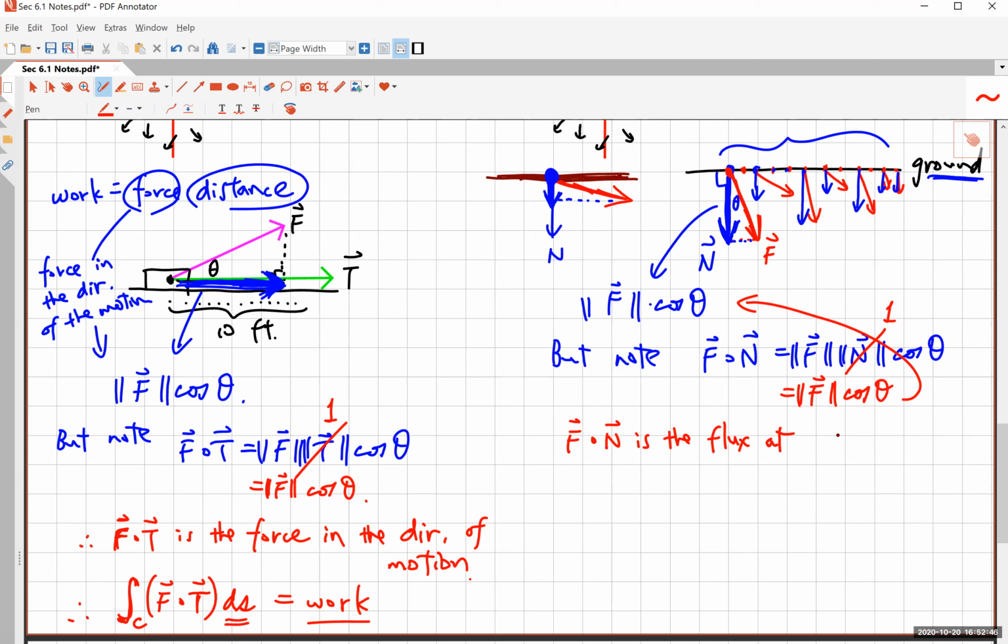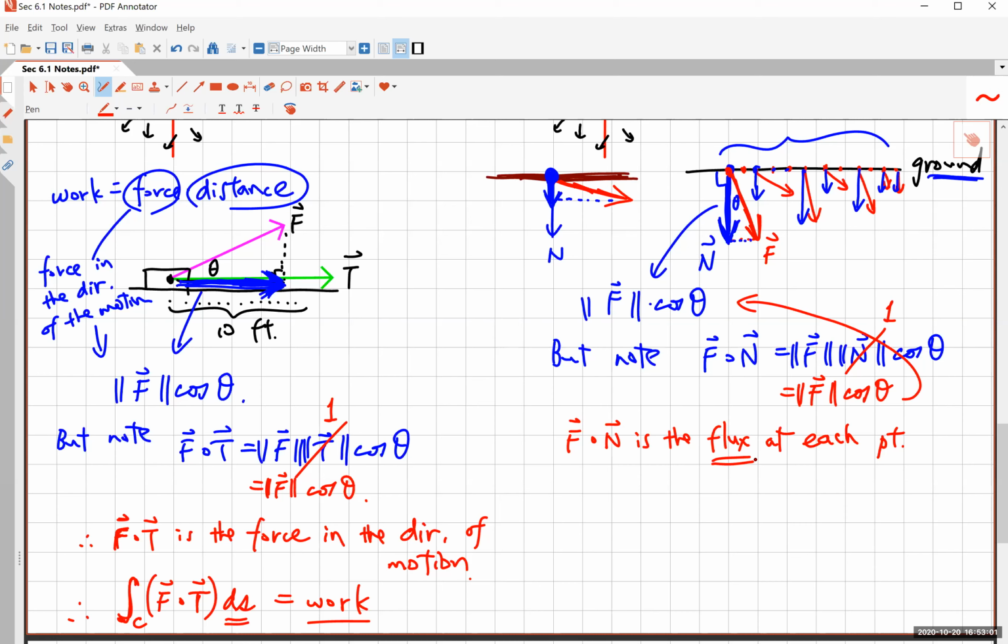So the parallel thing over here is this: F dot N is the flux at each point, and the flux, of course, means it's the amount perpendicular to the curve C, right?